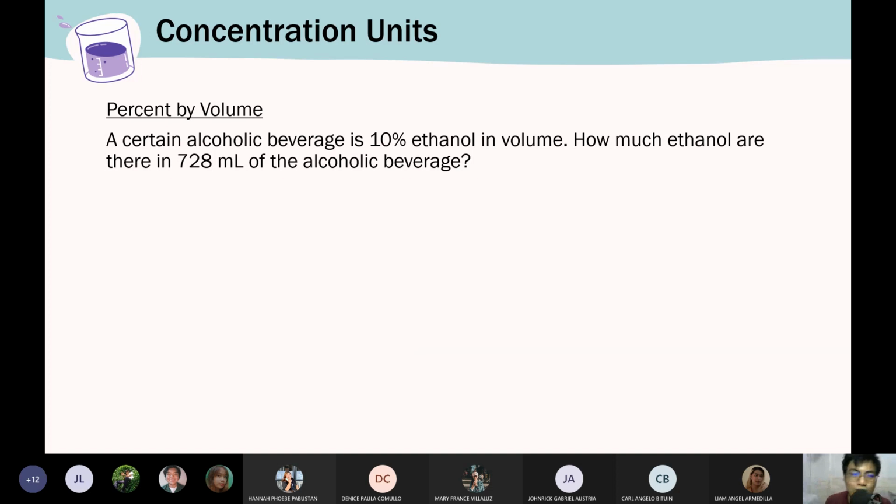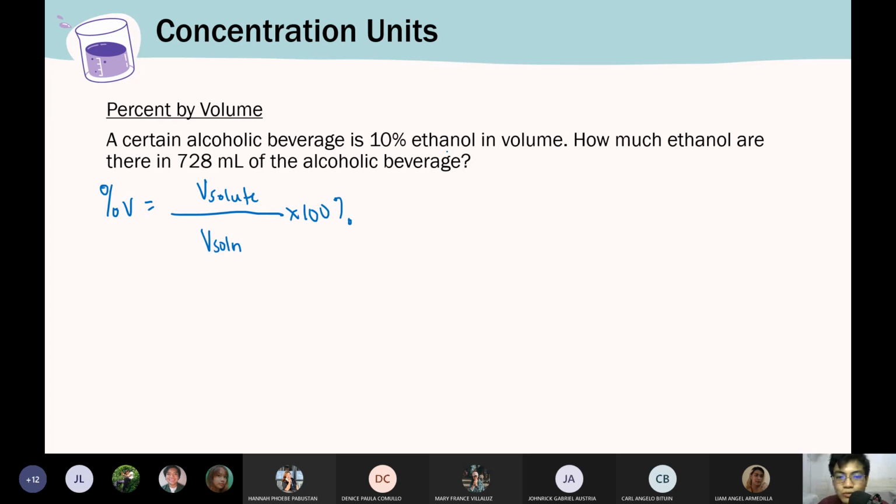Anyone who wants to try this problem? A certain alcoholic beverage is 10% ethanol in volume. How much ethanol is there in 728 ml of the alcoholic beverage? Okay, so our equation is percent V equals volume of solute over volume of solution times 100%.